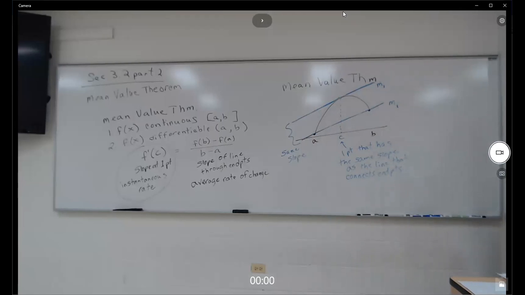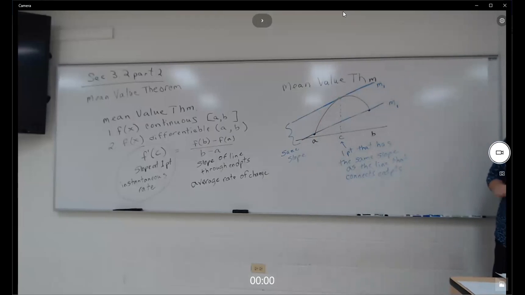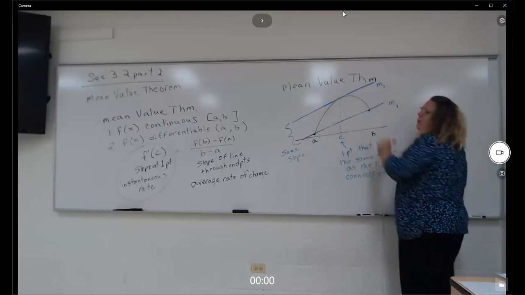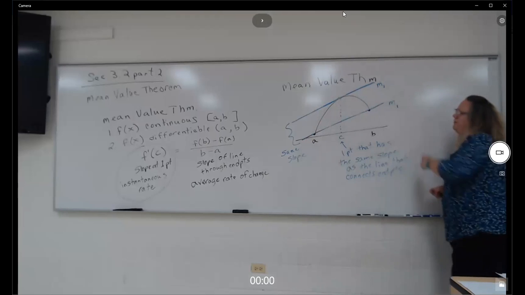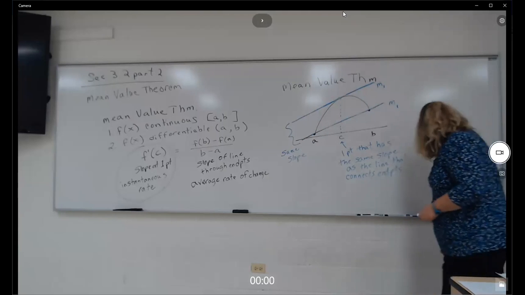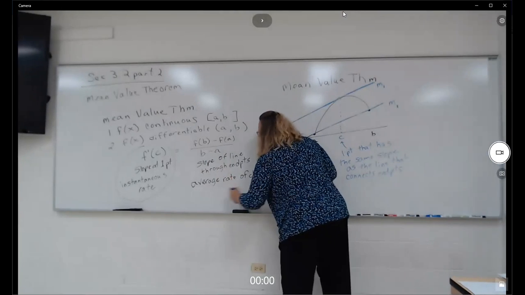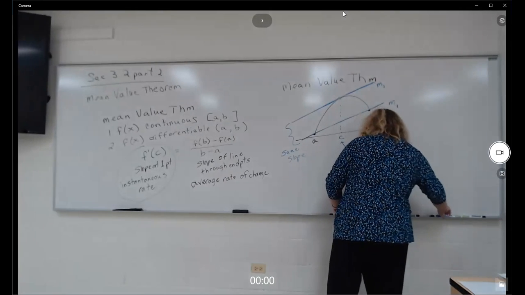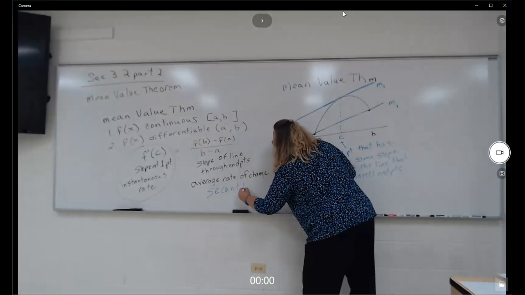As long as the graph is continuous and differentiable, there will be at least one point, if not more, that has the same slope as the slope of the line that goes through the endpoints. Okay, we did all that. One other thing we could write: this side here is the secant line.